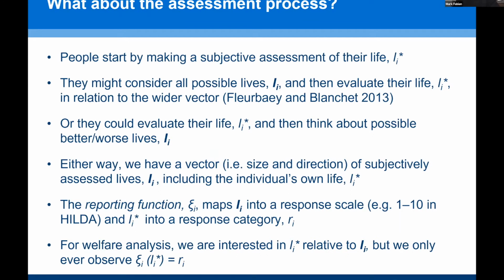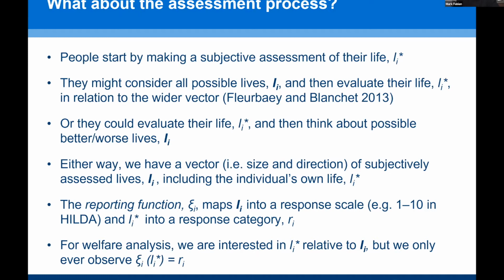So people start by making subjective assessments of their life, which we'll designate Li star. I'm using here a framework developed by Marc Fleurbaey and Blanchet in 2013, and Marc's with us in this session, which is really exciting. So a couple of ways that they might go about this. They might consider all possible lives that are available to them or possible for them. So we can designate this Li, a vector, and then they evaluate their own life in relation to that wider vector.